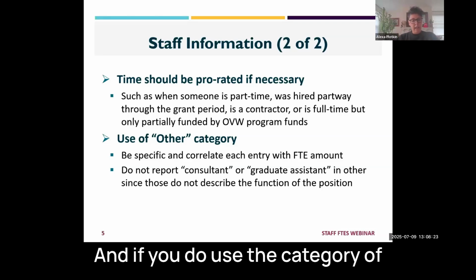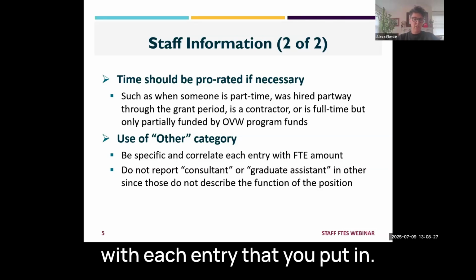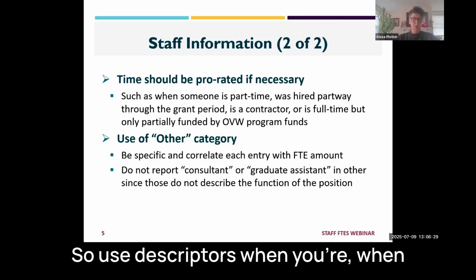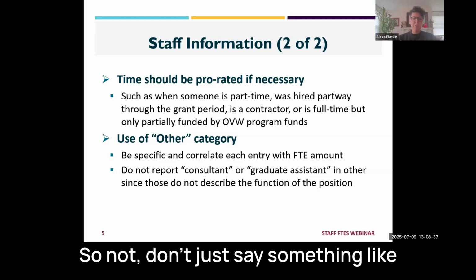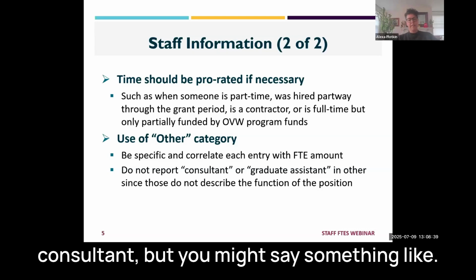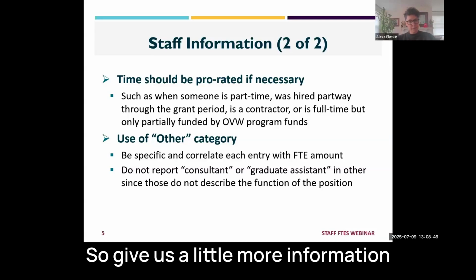And if you do use the category of other, we ask that you be very specific with each entry that you put in. So use descriptors when you're describing the staff function. So don't just say something like consultant, but you might say something like budget specialist. So give us a little more information.